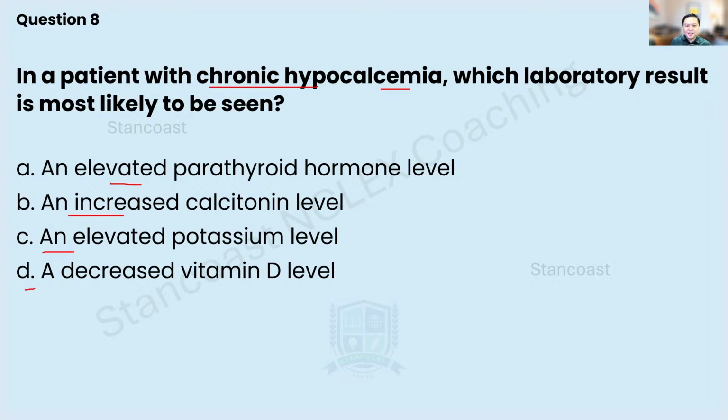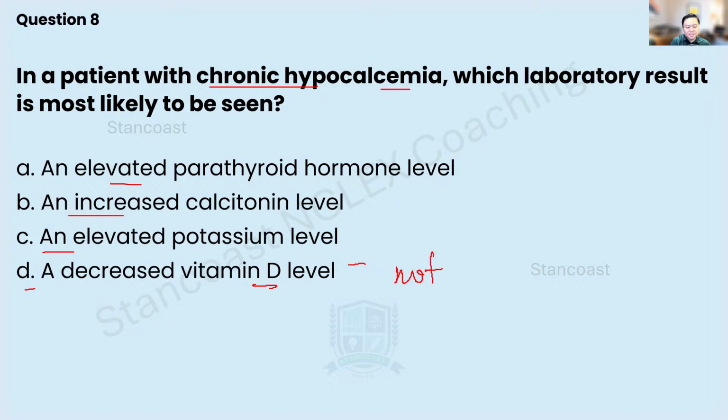All right, let's try eliminating letter D, a decreased vitamin D level. We know that vitamin D is also responsible for calcium absorption, but the level of vitamin D does not directly indicate the presence of chronic hypocalcemia.